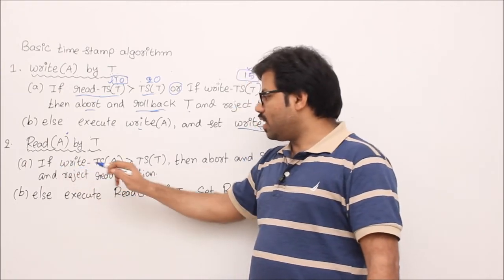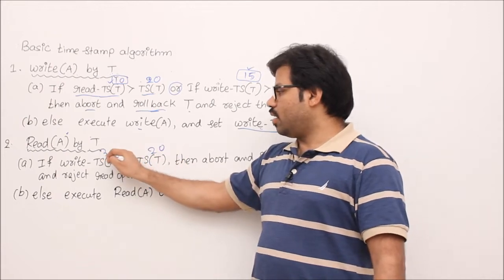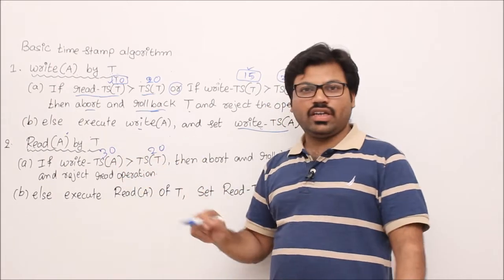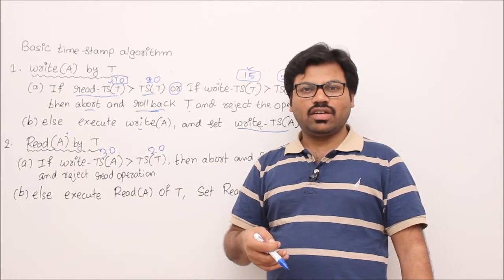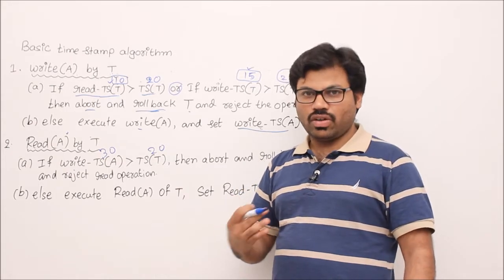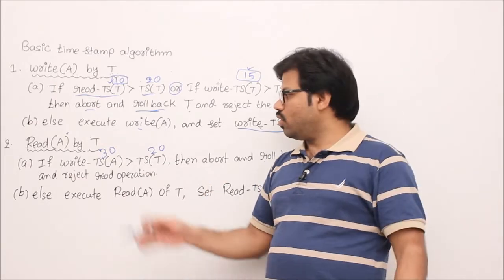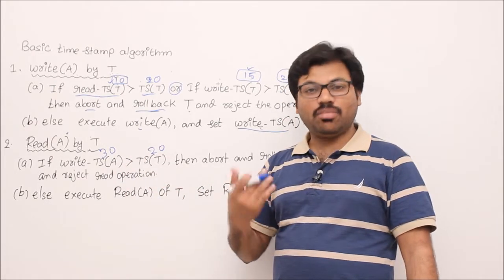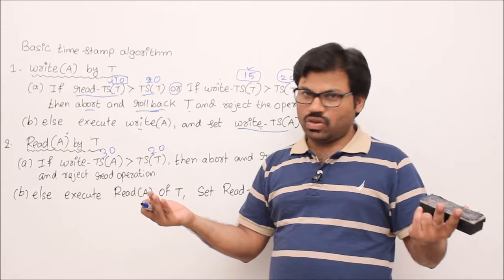If that write timestamp is greater than your timestamp, for example your timestamp is 20 and the write timestamp is 30, 30 is greater than 20. That means what? Some younger transaction already wrote it, but actually what you wanted was the old value, correct? Only then is it timestamp ordering. The younger transaction unnecessarily modified it, but I want to see the old value. Is it possible? No, not possible.